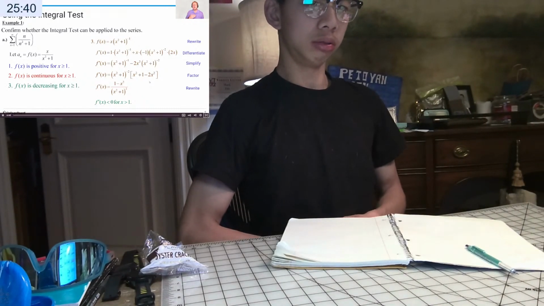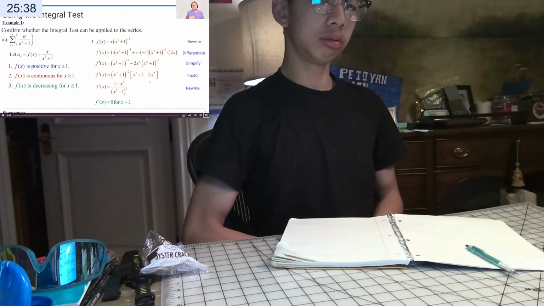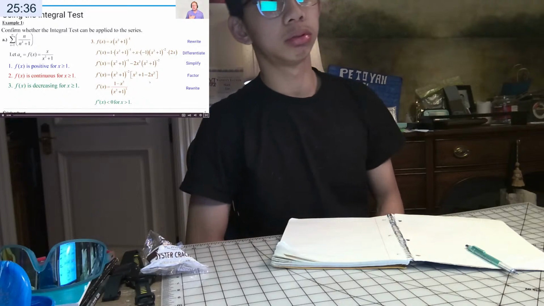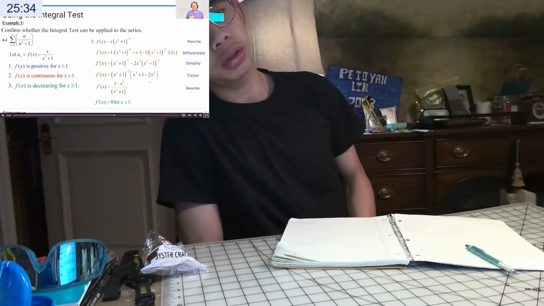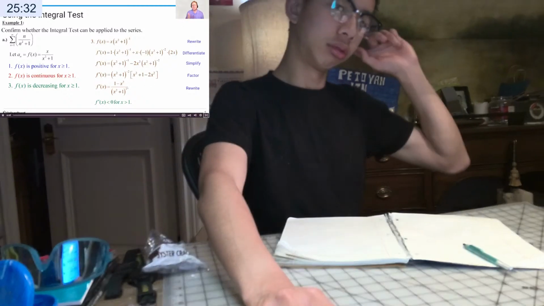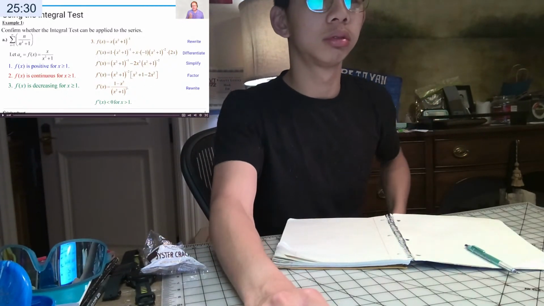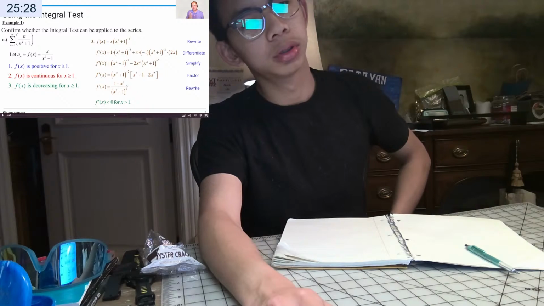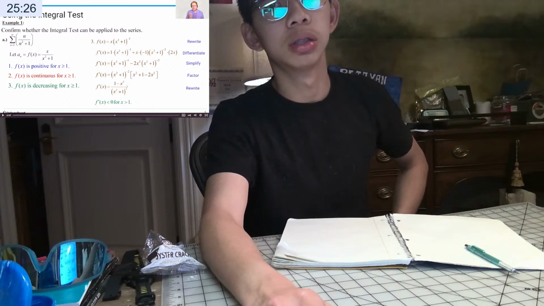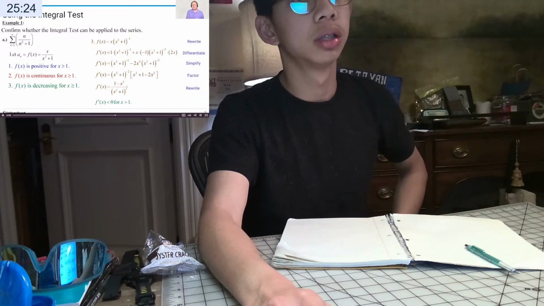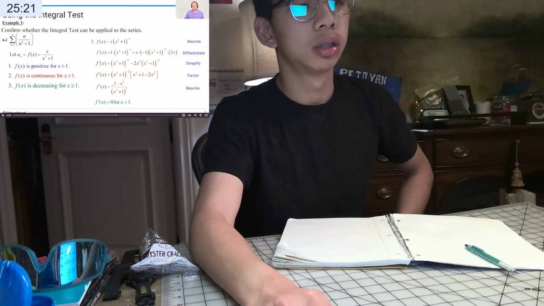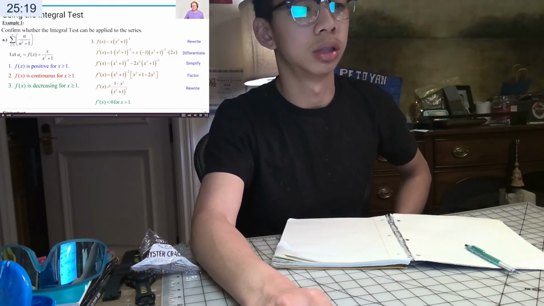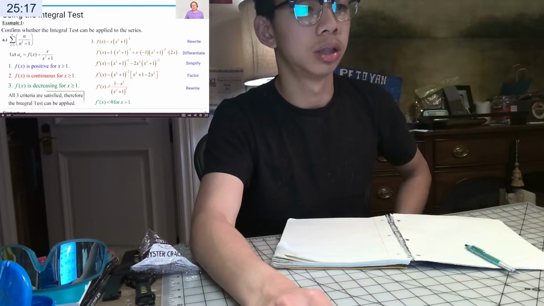And as long as we are decreasing at some point for a value of x, and remain decreasing, we have met criteria number 3. So our integral test could be applied. We'll apply the integral test.